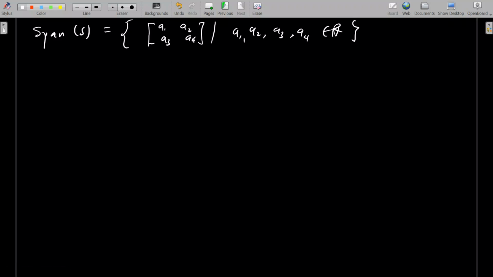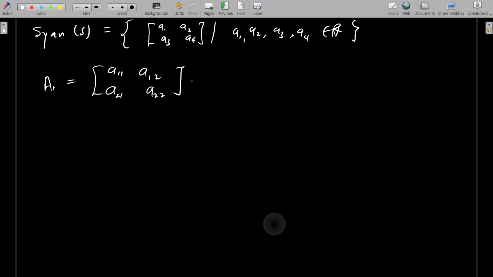Okay, because if I pick any general matrix A, it can be written as A11, A12, A21, and A22. That is the general form. And if you look at it very carefully, these A11, A12, A21, A22 are numbers.